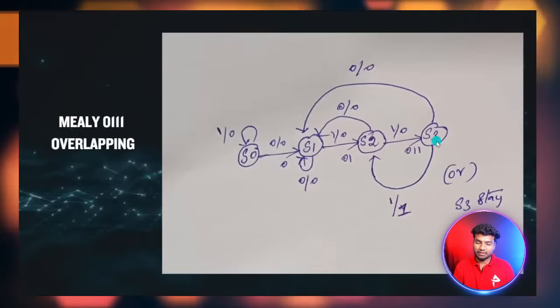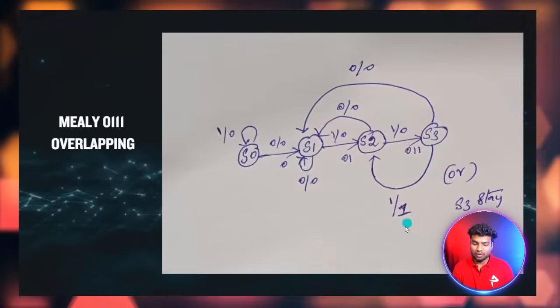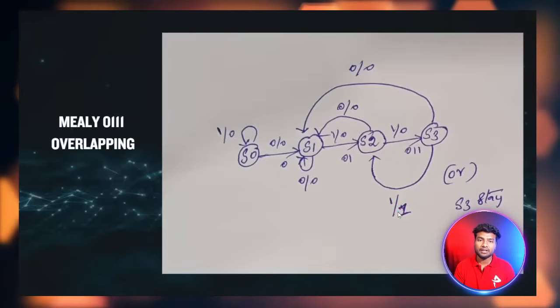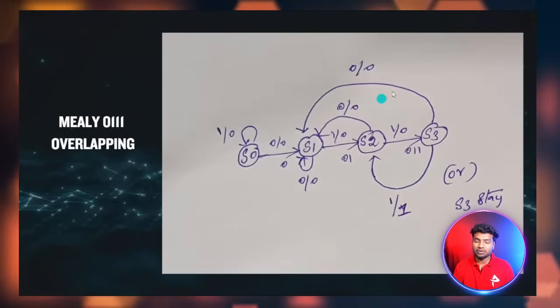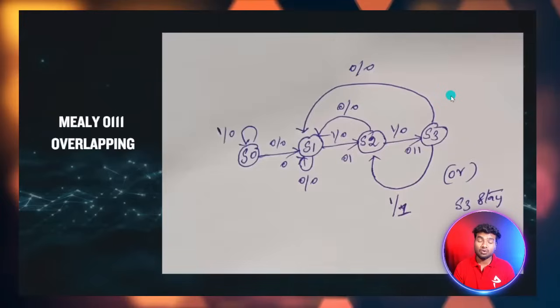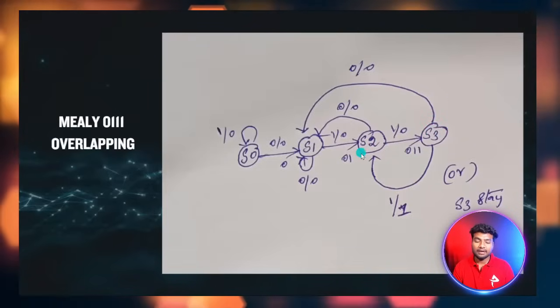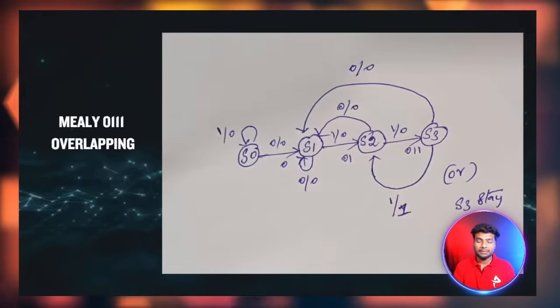After getting the input 1 in the S3 state, I got my output, so I put it here to signal that I'm getting the output. I got my output based on the sequence 0111. Then it moves into the S2 state, because it is an overlapping Mealy machine.